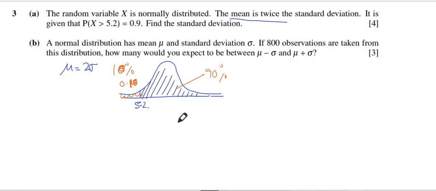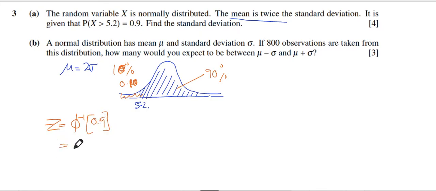Now if I want to find, this is the same as what you do in MF19. It doesn't matter whether you're looking at the right hand side or the left hand side. You can still work it out. But if it's 90%, if I take 5.2 to find the z-score, I have to take the inverse of 90% or 0.9.